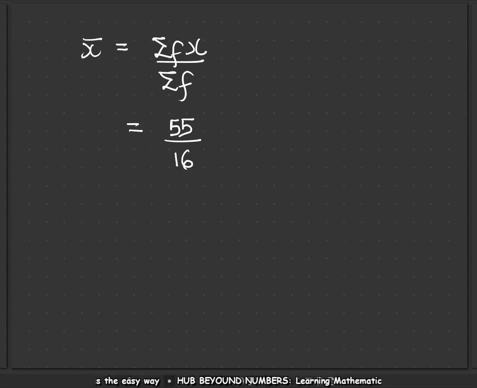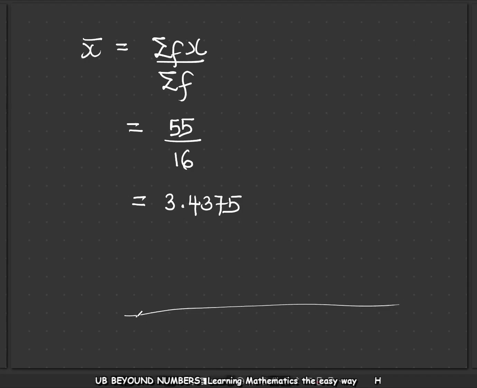So you can evaluate this using your long division, and that is going to give you 3.4375. So this here becomes the mean of this data set we have over here.